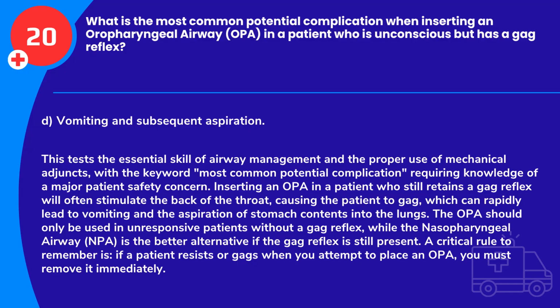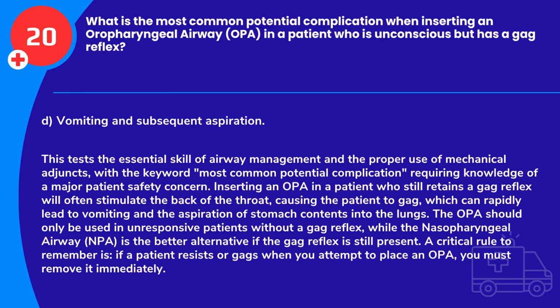This question tests the essential skill of airway management and the proper use of mechanical adjuncts, with the keyword most common potential complication requiring knowledge of a major patient safety concern. Inserting an OPA in a patient who still retains a gag reflex will often stimulate the back of the throat, causing the patient to gag, which can rapidly lead to vomiting and the aspiration of stomach contents into the lungs.